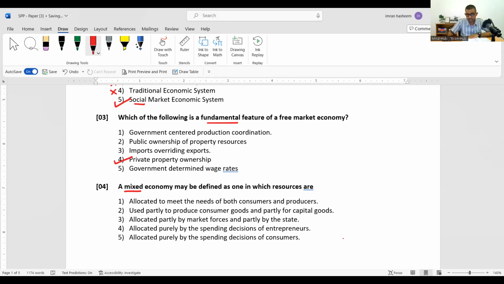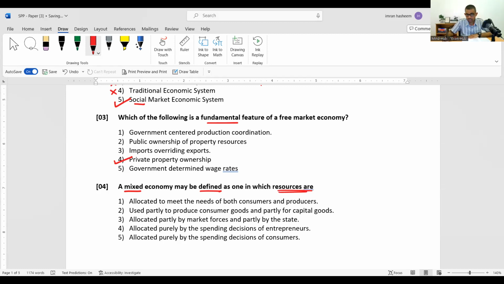Likewise, in a mixed economy, when you define it, the focus is on resources. Resources are allocated to meet the needs of both consumers and producers. Then it says used partly to produce consumer goods and partly for capital goods. Allocated partly by market forces, partly by the state.